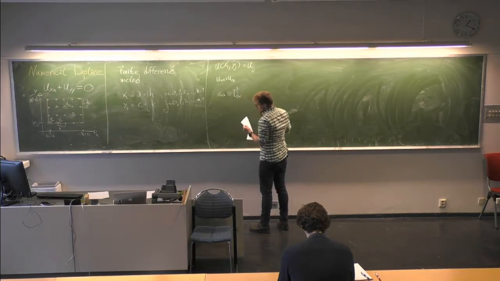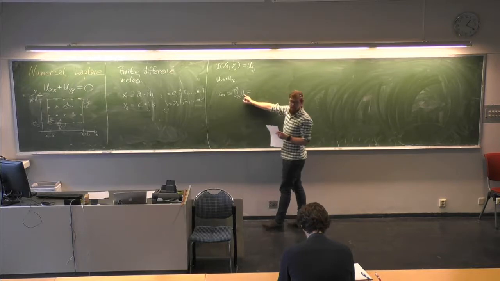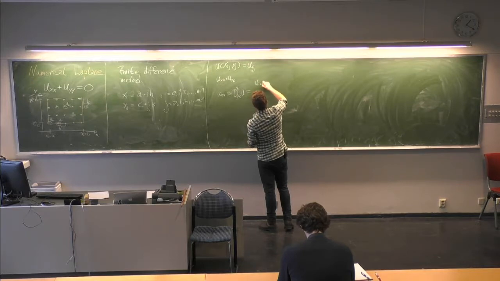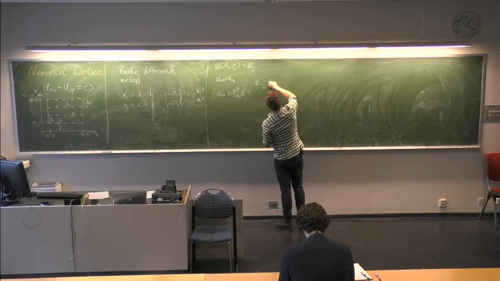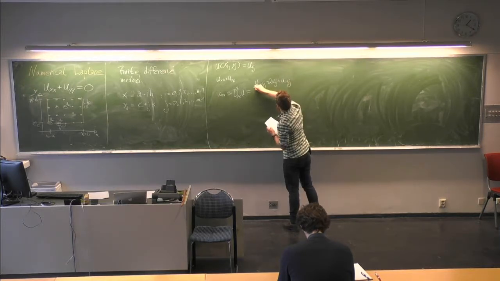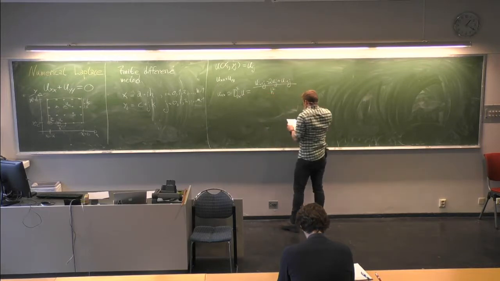We have this in our notes from before. This is u_i+1,j minus 2u_ij plus u_i-1,j over h squared.